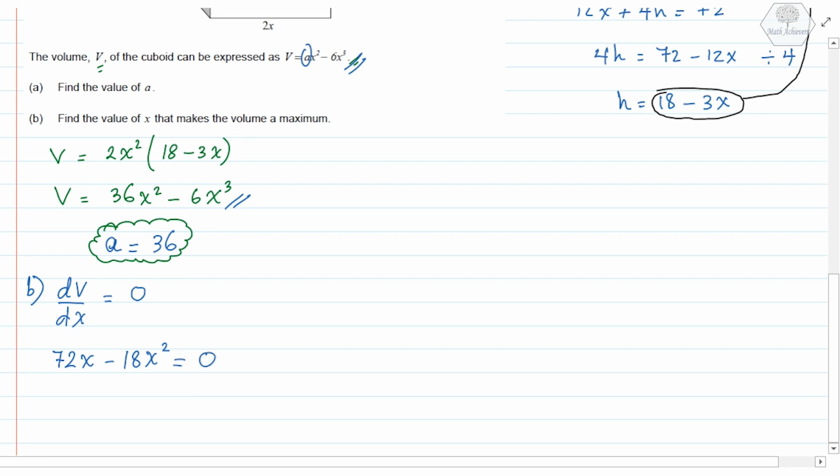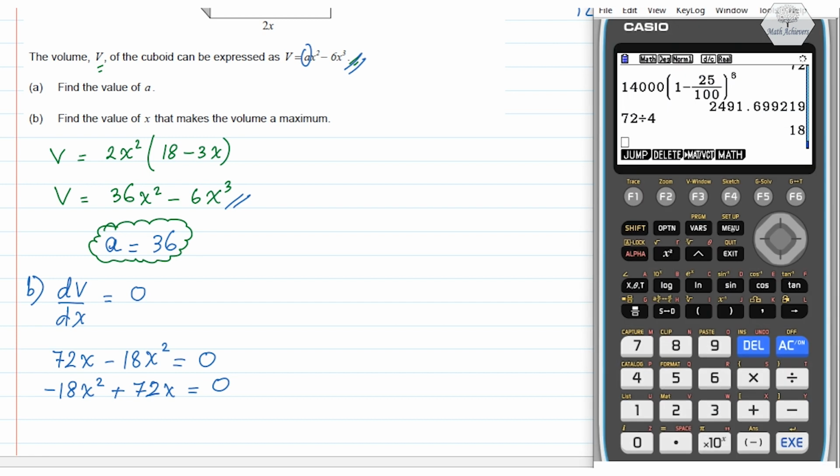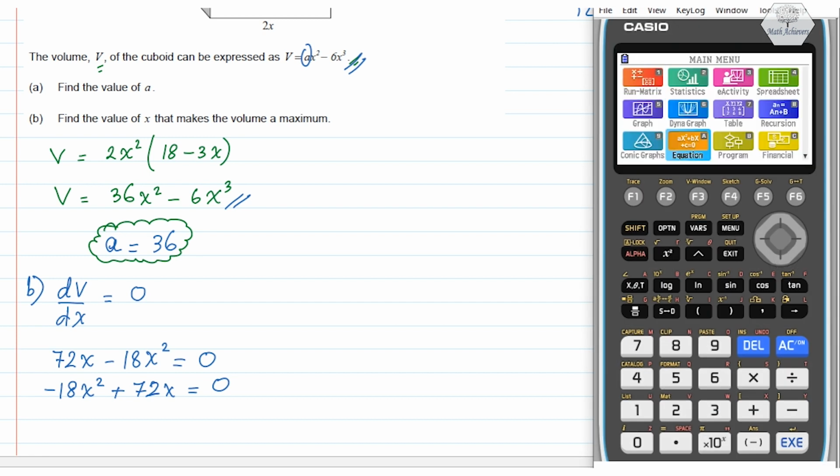Now to find the values of x, this is a quadratic equation. Let's just rearrange our quadratic equation. We'll be having minus 18x squared plus 72x equal to 0. Now we'll use our graphical display calculator. We go to menu and we go to equation.